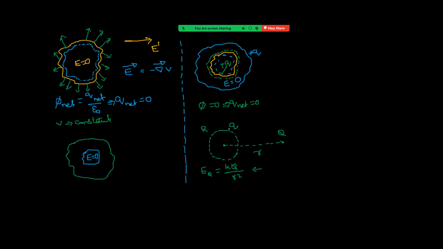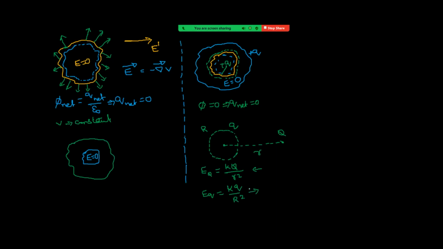Now, this q distributes non-uniformly, or we can say redistributes in such a way that that charge produces a field inside the conductor which will cancel the field due to capital Q. So at the center, because of this charge, the field will be the same value, KQ by R square.